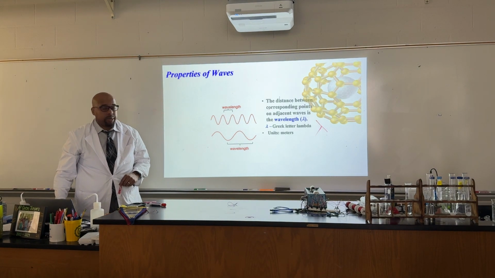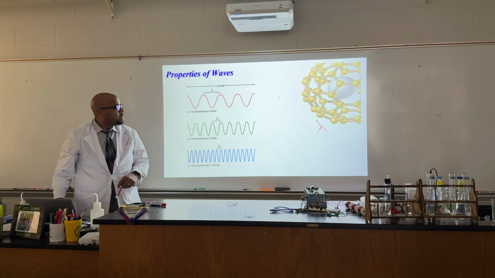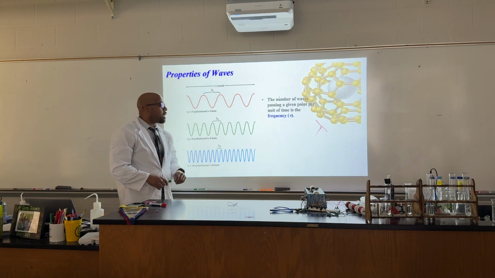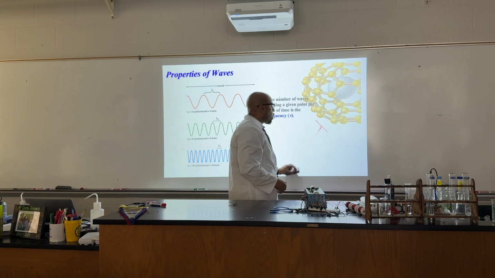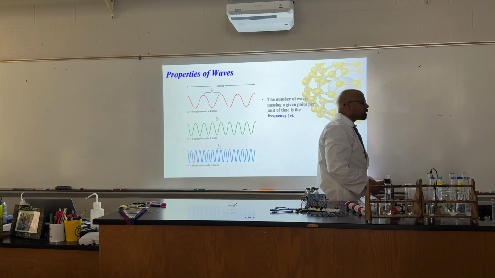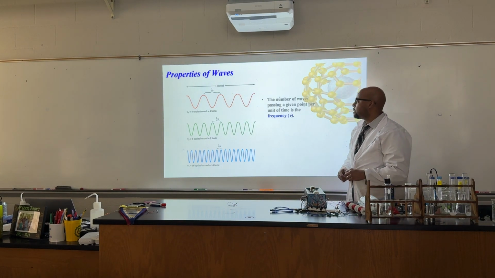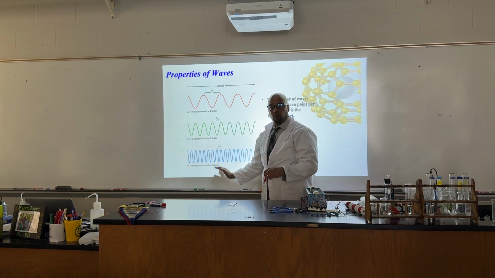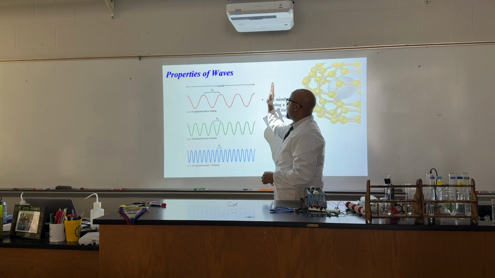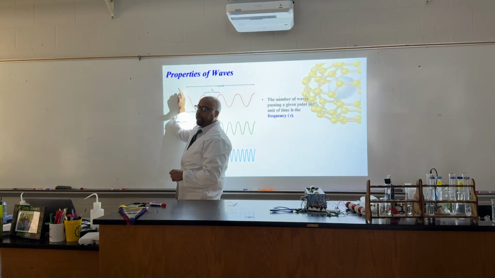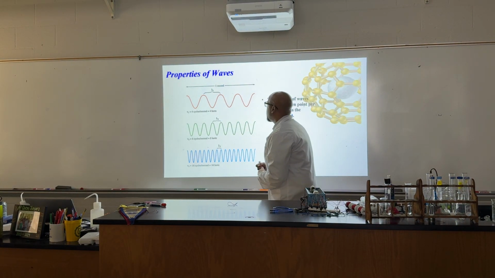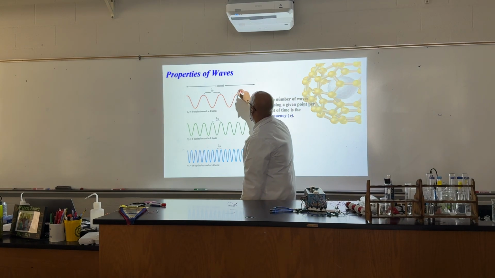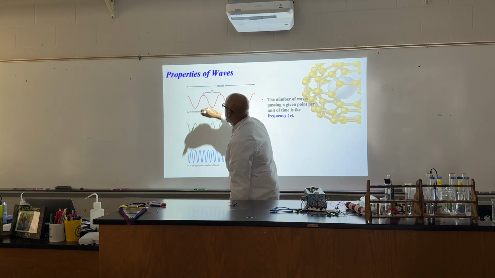The other thing we're going to talk about is frequency. Frequency is going to be the number of waves that pass per unit of time. In this case, our unit of time is going to be seconds. So if we look at the example that I have right here, I got 3 different waves. And what we're going to simply say is that if this is my hand, and I count for 1 second, 1001, then what I can see here is that I get how many waves? Let's see, that's 1 wave, 2 waves, 3 waves.